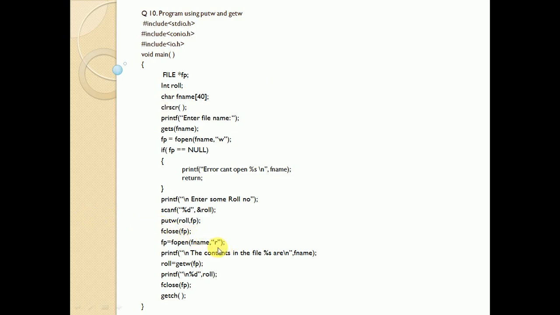Okay. So this indicates the read mode here. fopen will open the file in read mode and return the file pointer that is assigned to fp. To read the value from the file, we are using getw.